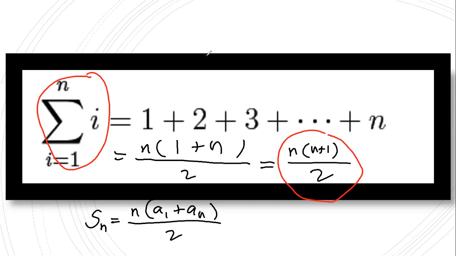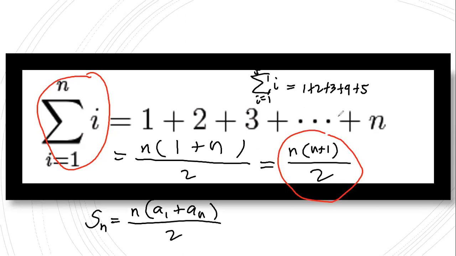How come that this formula is useful? Say for example, you are asked to find the summation of i, where i ranges from 1 to 5. In this case, it's easy because you just change i from 1 until 5. So you will have 1 plus 2 plus 3 plus 4 plus 5.